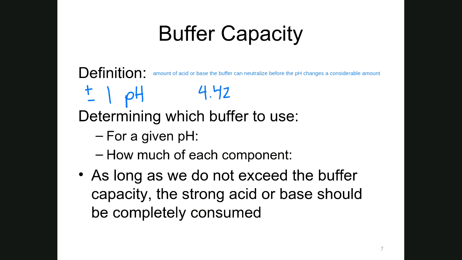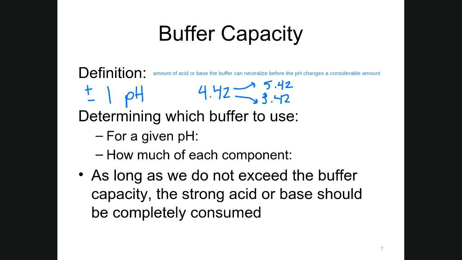So the buffer capacity is we can raise the pH by adding base to 5.42, or we can lower the pH by adding acid to 3.42. So its buffer capacity here is from 3.42 to 5.42. Once we reach outside of that limit, that means that we no longer have enough of the conjugate to neutralize anything that gets added.